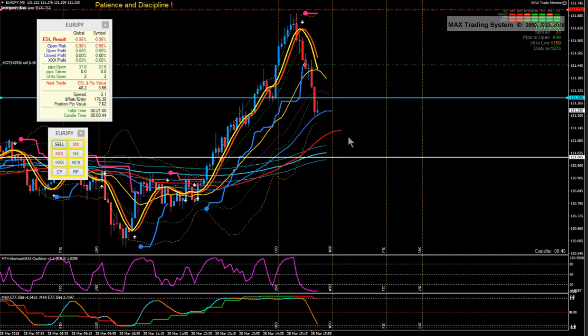And by the way, the track record does not describe how good a trading system is. The track record is always personal to the trader. The track record shows how good the trader is with the trading system he's using.